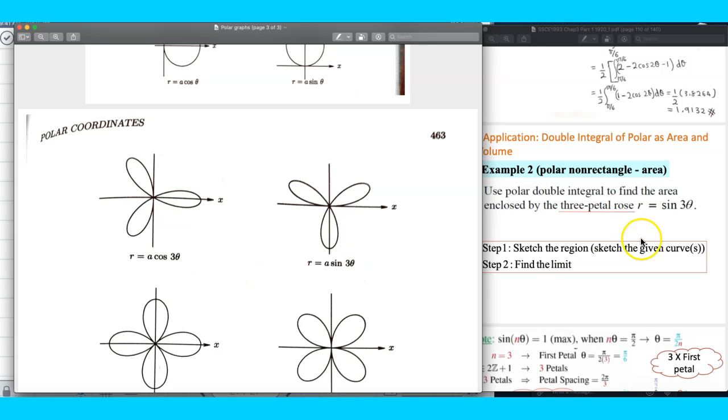So which one? This one, right? But your a here is 1. So this is the graph that we need to sketch.